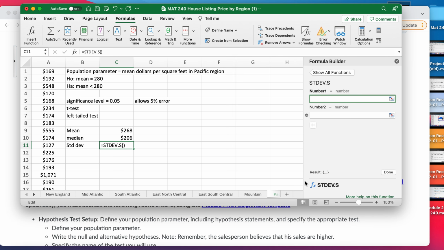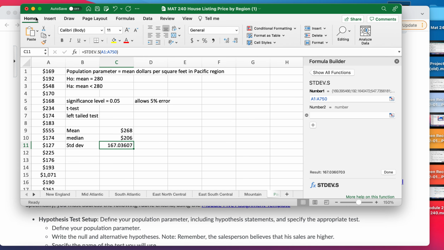So sample, A1 colon A750. You're either going to do enter or done depending on what kind of device you've got. Now I want these to have a little bit more decimals, so I'm going to use this increase decimal. Same thing here, I want to increase the decimal.